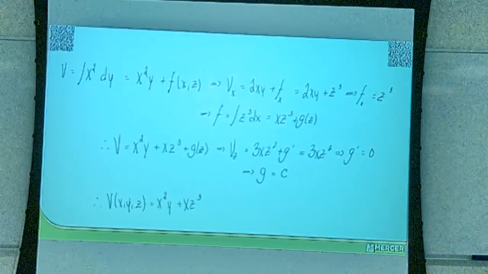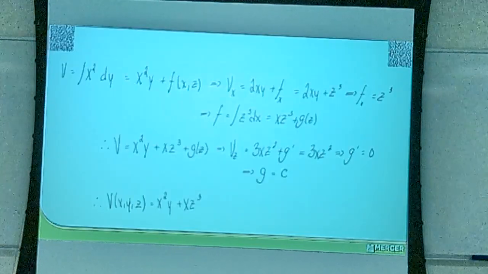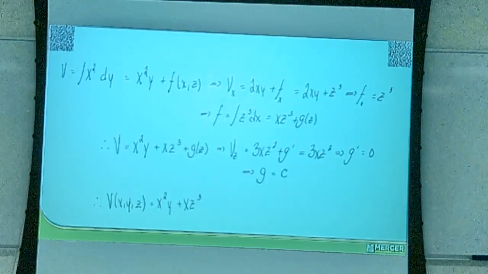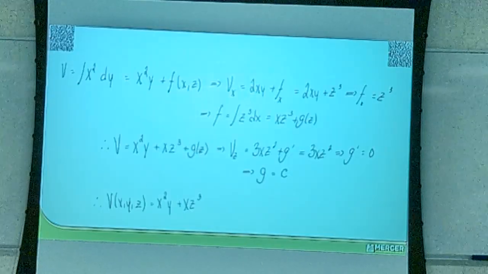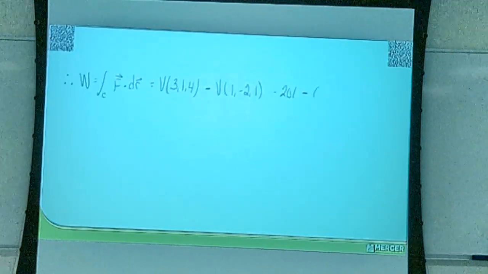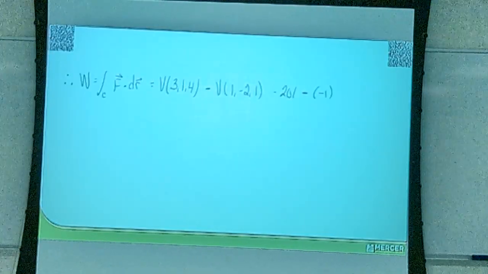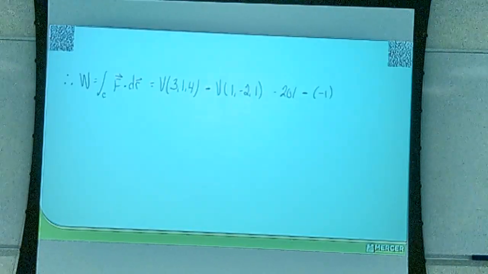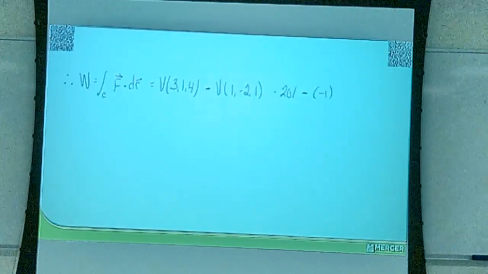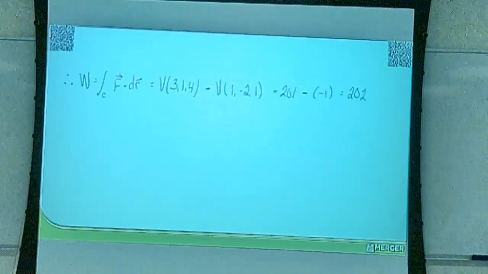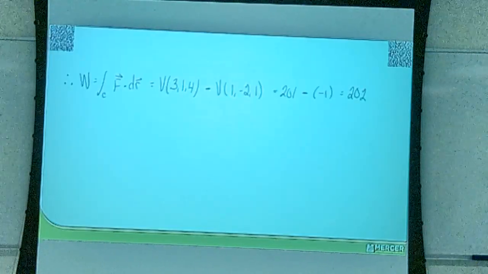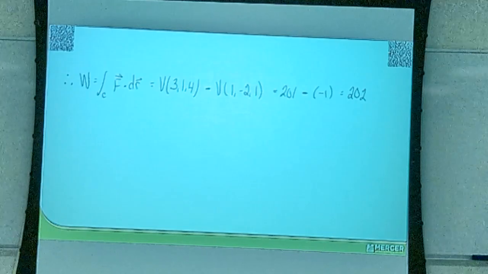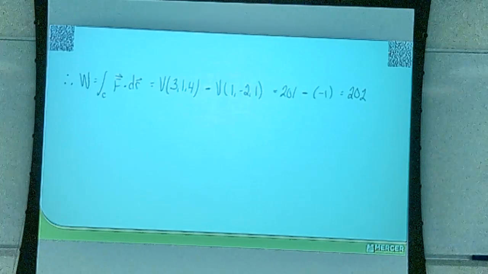What's 1 times 1 cubed? What's negative 2 plus 1? Work is 202. That's path independence.